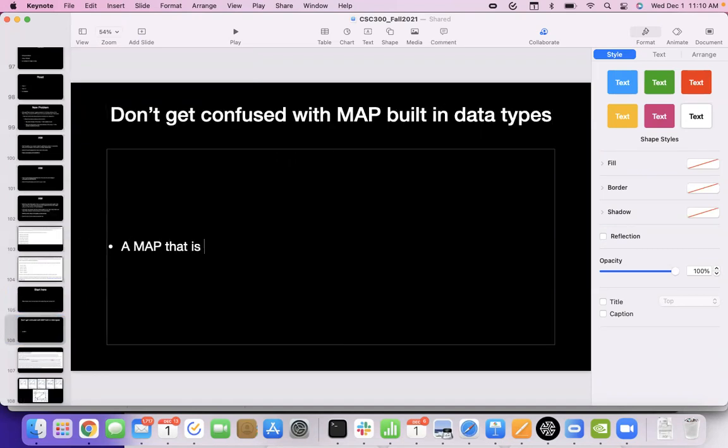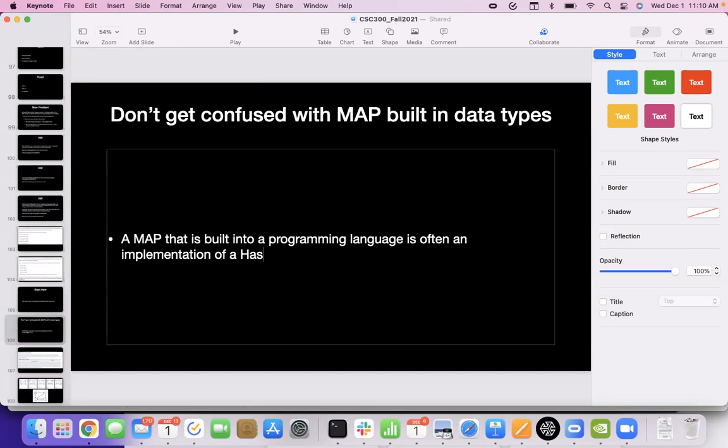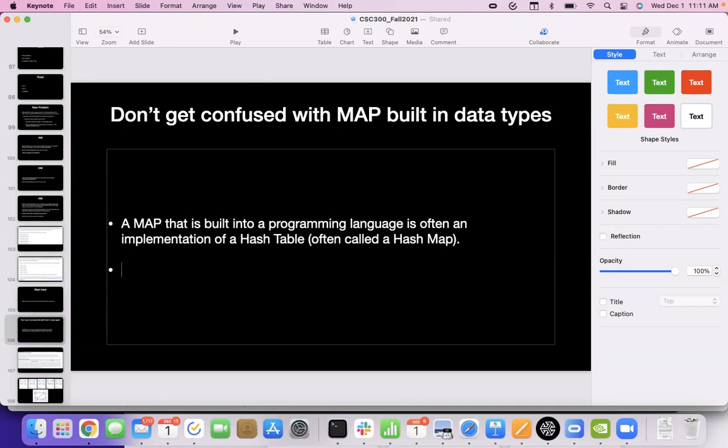Map is built into a programming language, is often an implementation of a hash table, often called a hash map. So to talk about hash tables, hash maps, any of those things, we have to know what is hashing.